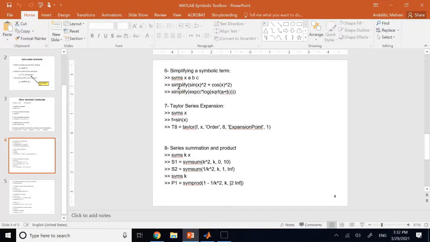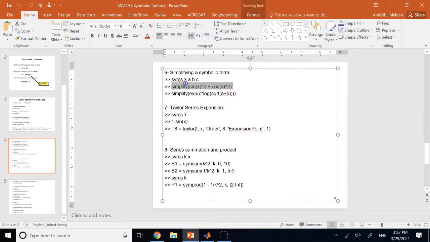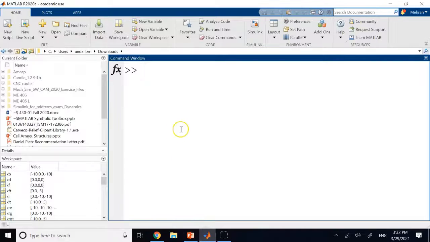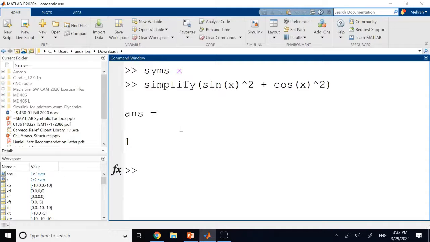Remember I showed you a command called pretty, right? It could write stuff in a nicer way. The simplify command is also relatively nice. Let me show you. So let's say you have an expression, and in that expression, you have sine squared plus cosine squared of x.